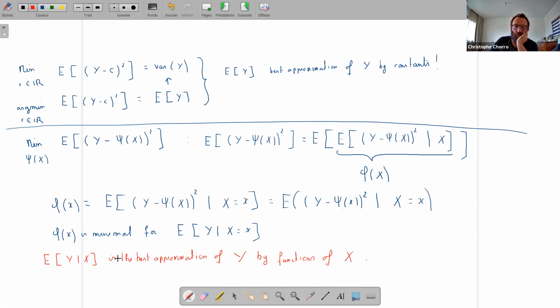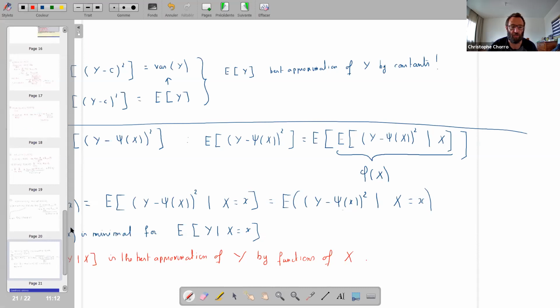So the conditional expectation of Y given X is the best thing you can do if you want to approximate Y by a function of X. If you want to approximate Y by a constant, you will use the expectation. If you want to approximate Y by a function of X, you will use the conditional expectation of Y given X. So the conditional expectation, which can seem abstract with respect to the definition I have given you that maybe comes from nowhere, has in fact a strong intuitive interpretation.